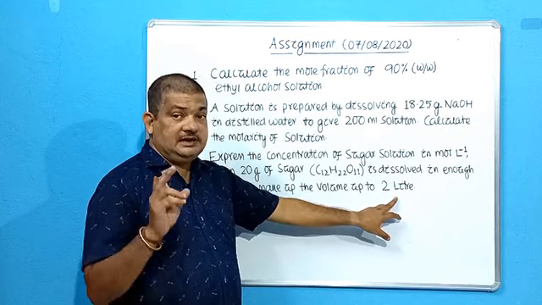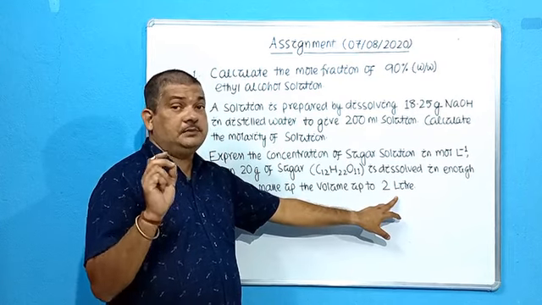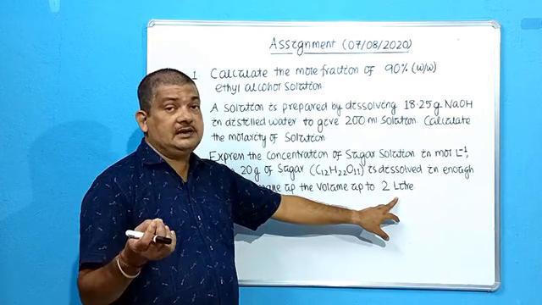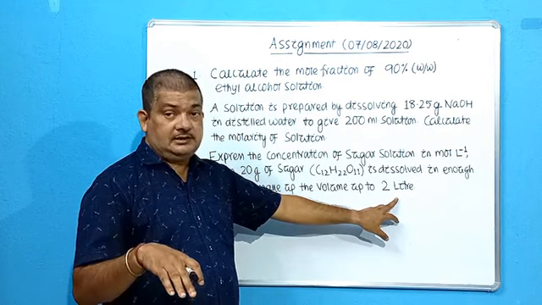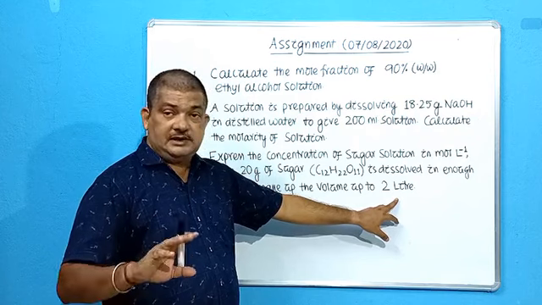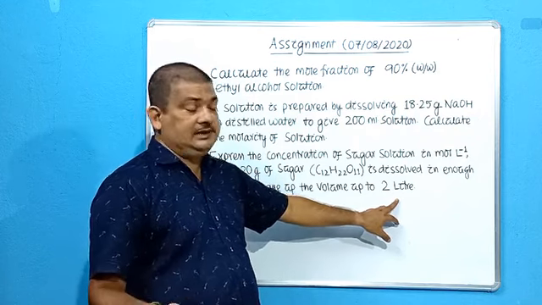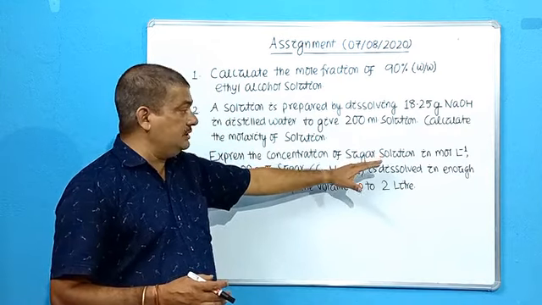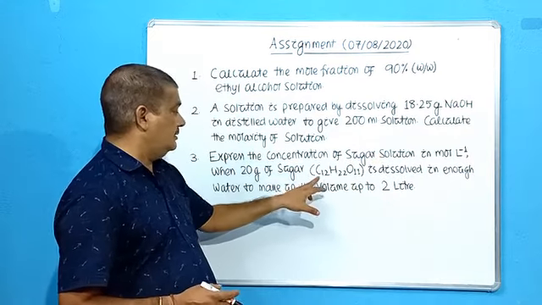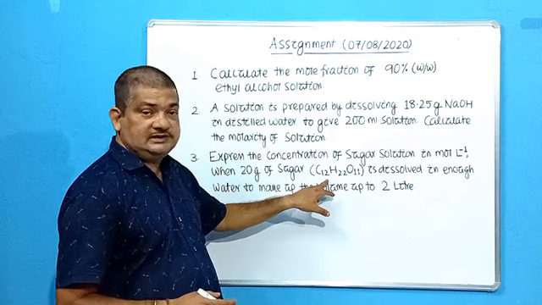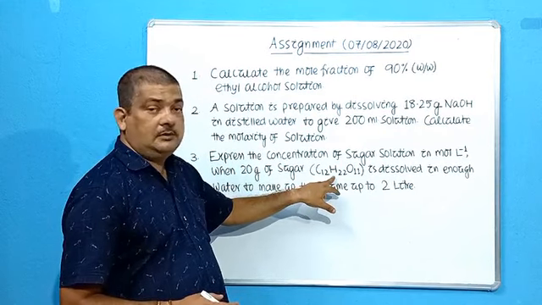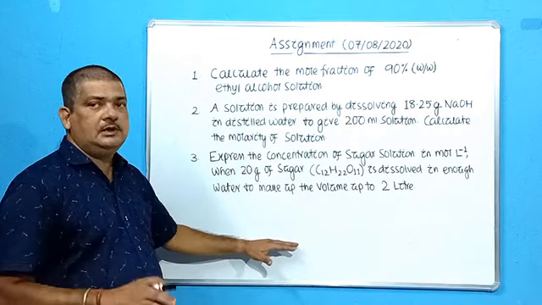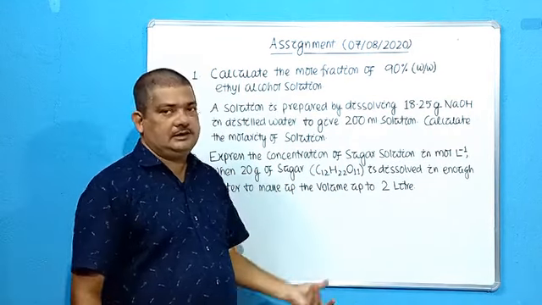The sugar is dissolved in enough water to make up the volume up to 2 liter. But here the volume of solution is expressed in liters, so you have to convert that into milliliter in order to use the formula directly. Or you can directly find out the number of moles of the solute: sugar is the solute here, so the given mass 20 gram divided by the molar mass of sugar will give you the number of moles of the solute, per liter.